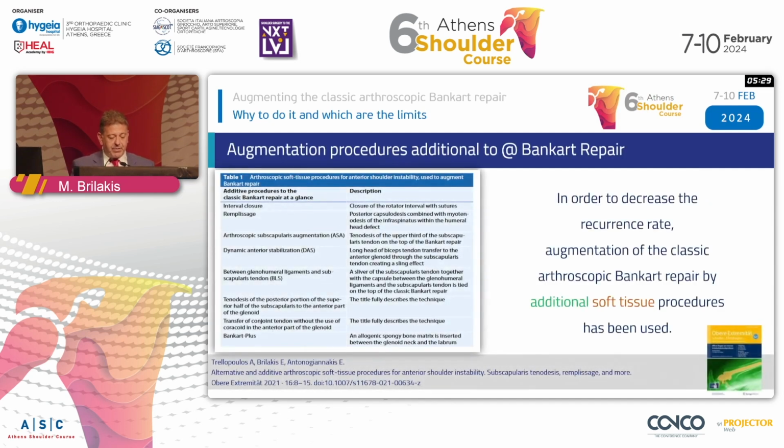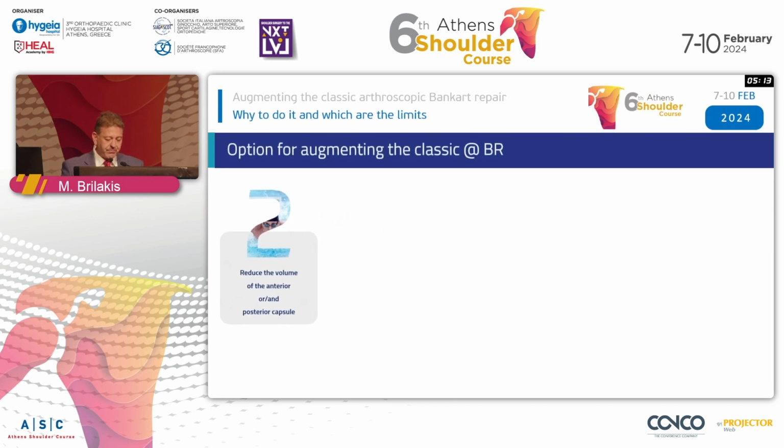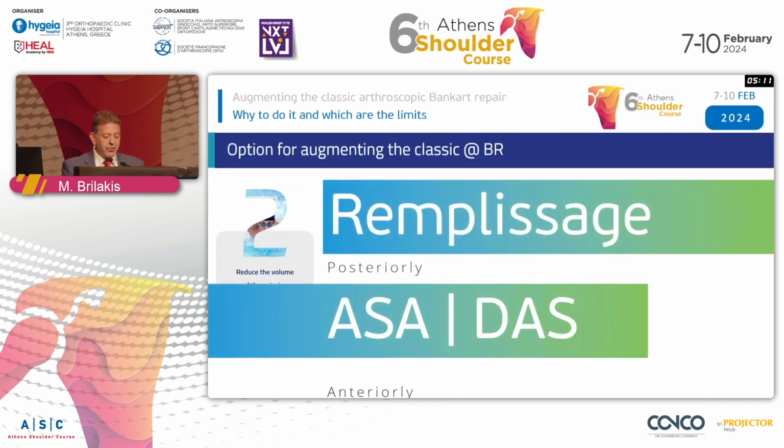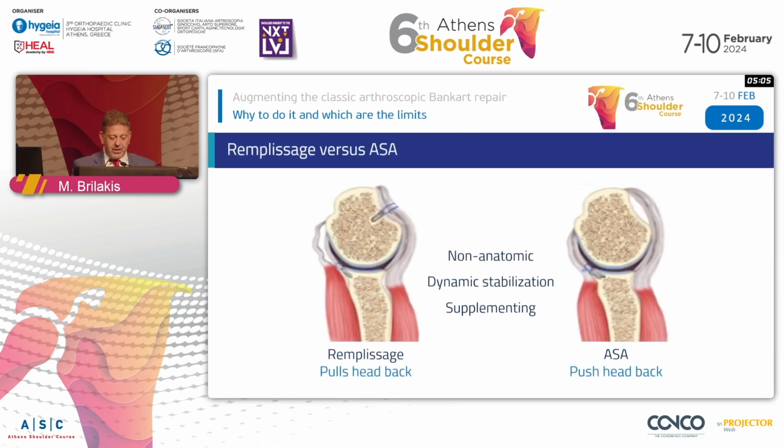And we gathered all the procedures that are referred to in the literature, or at least the most popular, in an article, and they all have the same goal: to restore the volume of the anterior or the posterior capsule. And we have posteriorly remplissage and anteriorly ASA and DAS, and also we have the combination, as you listened earlier.